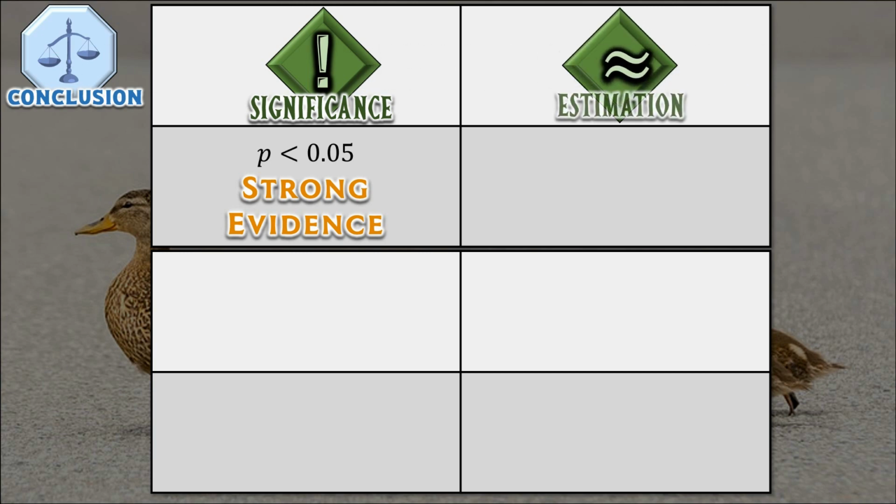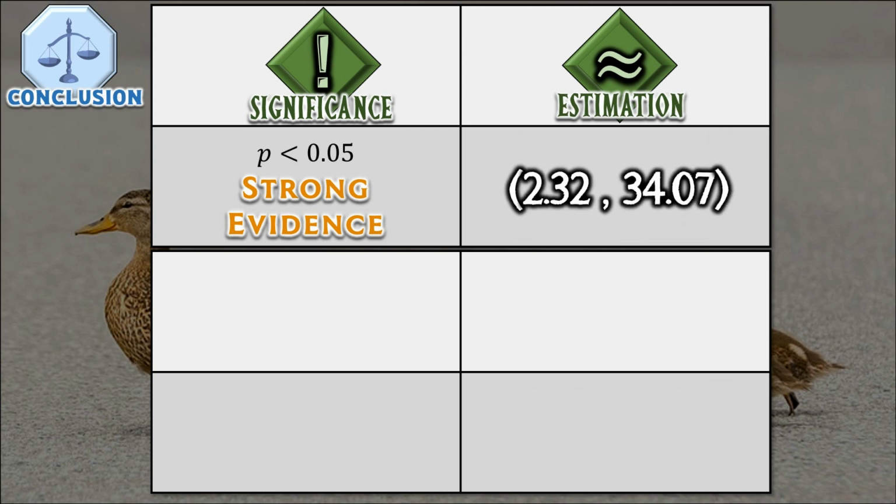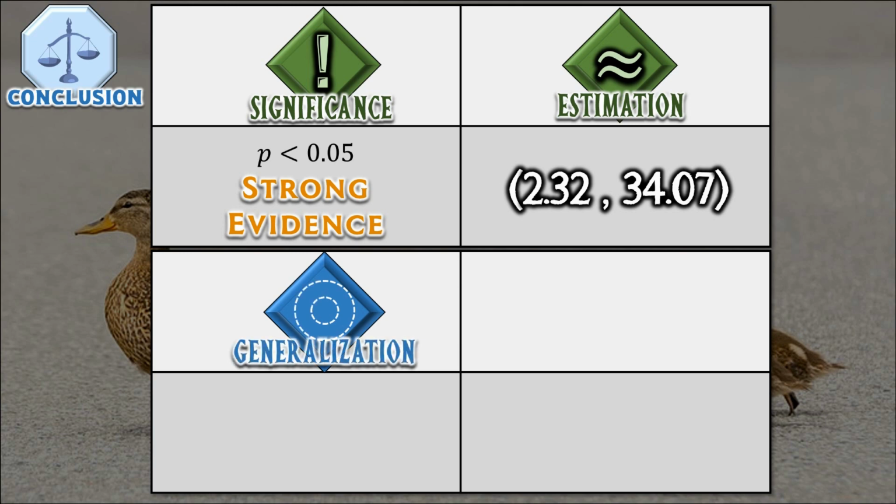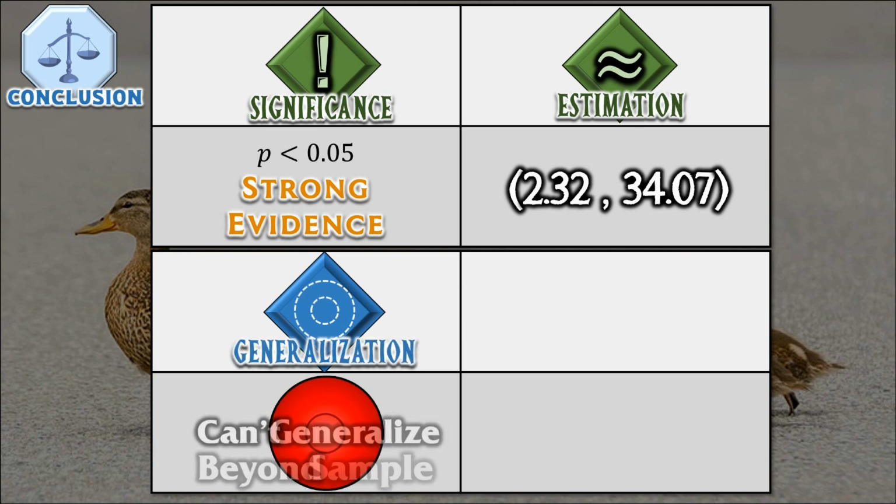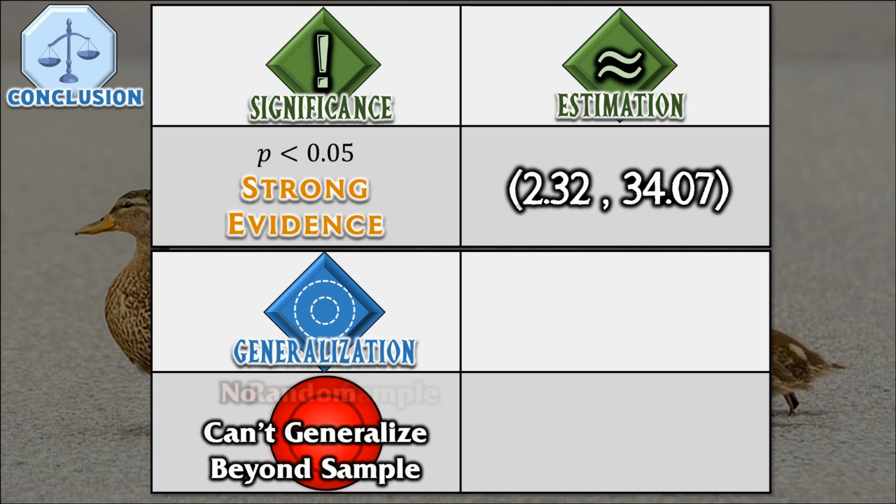As far as estimation goes, well, we saw the 95% confidence interval for the slope of my regression line being between 2.32 and 34.07. As far as generalization goes, well, that's a sad tale as always. I can't generalize beyond my sample because I did not have a random sample of all people who are under 25 years old.